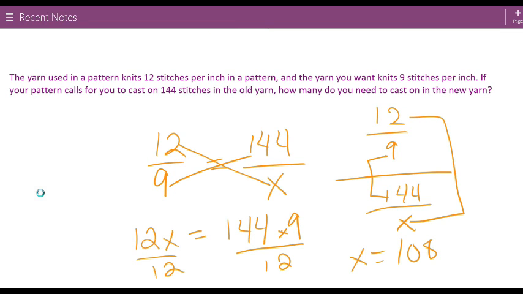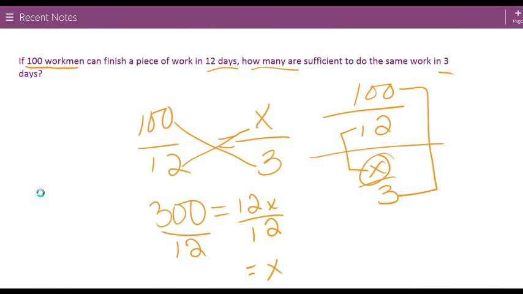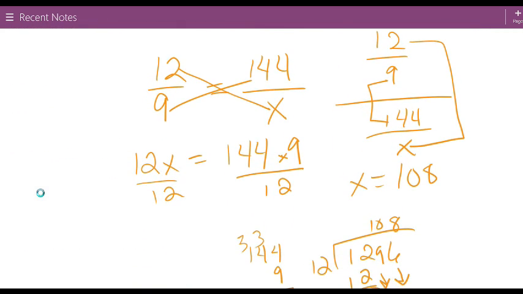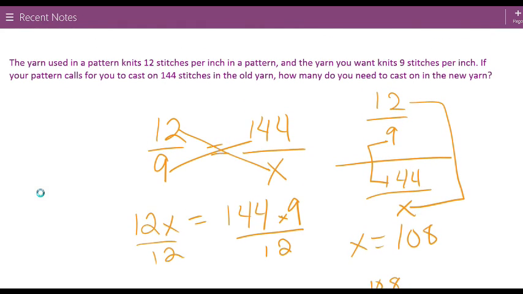Here, knitting is probably not your favorite thing to do, and you might not be familiar with scheduling workmen, but you can look for the numbers and still set up your problem accordingly, and then you can still figure out what you need to figure out to find your answer using that proportion. You can again use the rule of 3, or if you're more familiar, you can cross multiply. They do give you the same effect.